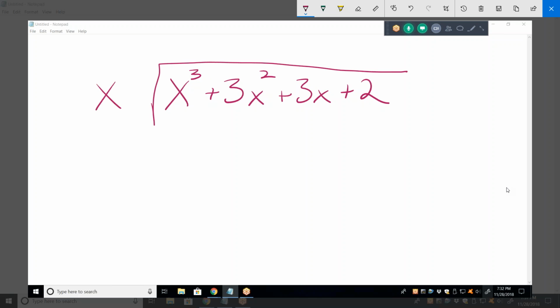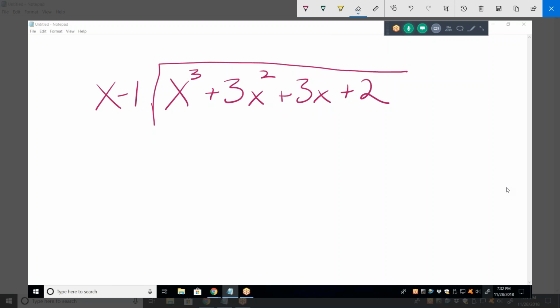Again, we are not missing any degrees of x in the dividend, in the polynomial under the radical. So we don't need to add any dummy markers. Like I said, if you didn't have that term there, you'd have to put a 0x. Otherwise, your division isn't going to come out right.